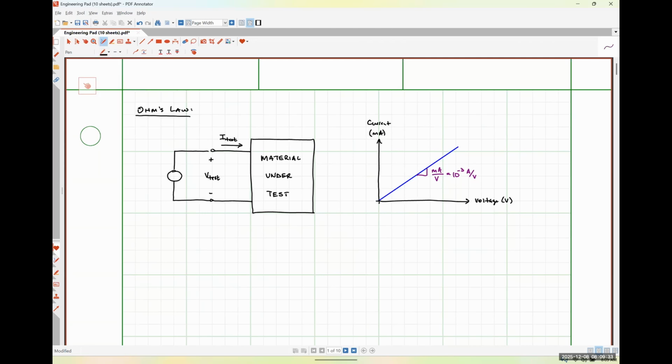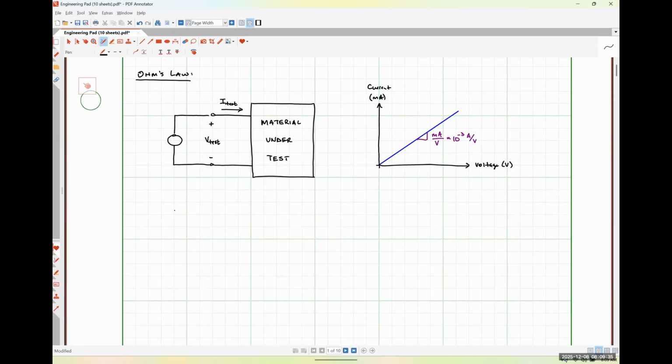So we're going to say that our resistance R is simply the ratio of the voltage drop across the terminals of our network divided by the current flowing into the terminals of our network.